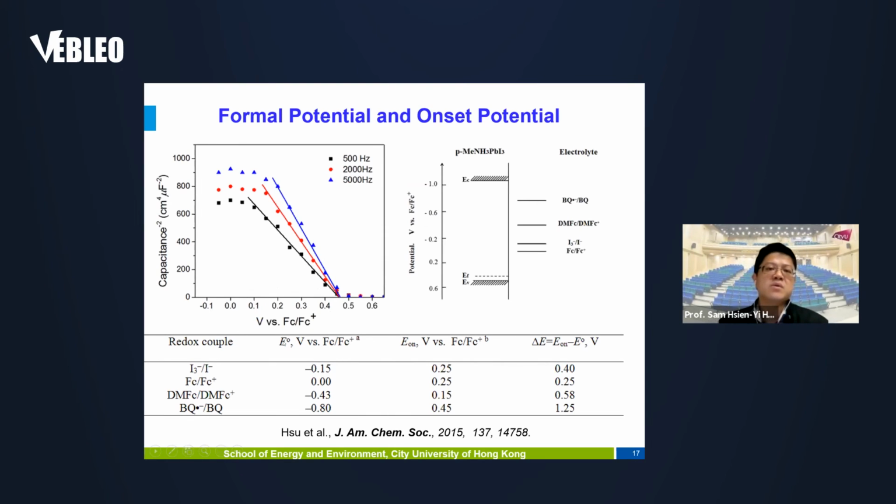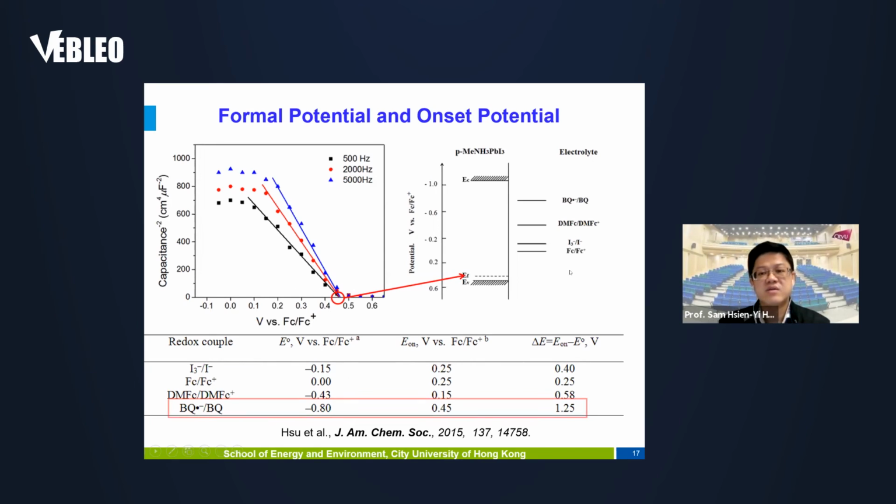We also use Mott-Schottky plots to figure out the band gap of the perovskite solar cells, and then compare with the energy levels of these three electrolytes.